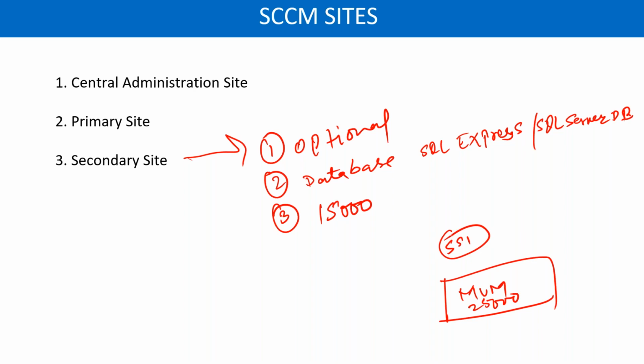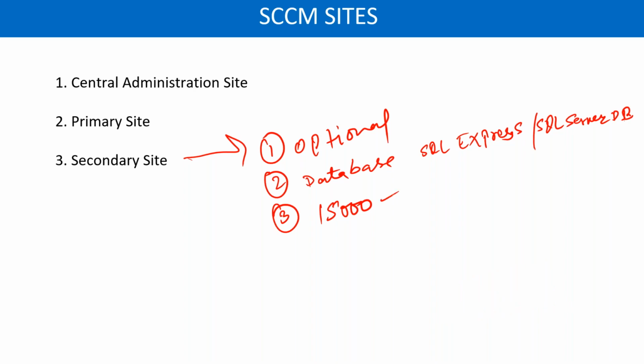Secondary site 1 and secondary site 2. So probably one can manage up to 15,000 and the other up to 10,000. Or you can divide by 12,500 and 12,500. Depends on you. So a secondary site has a maximum 15,000 support capability.